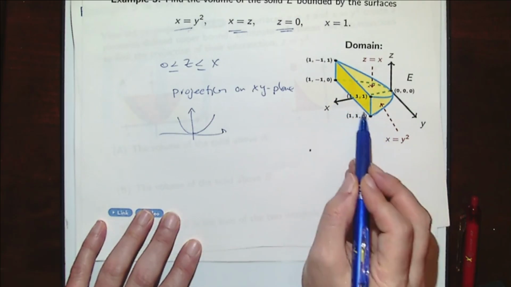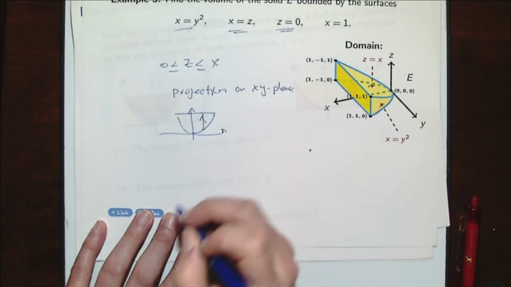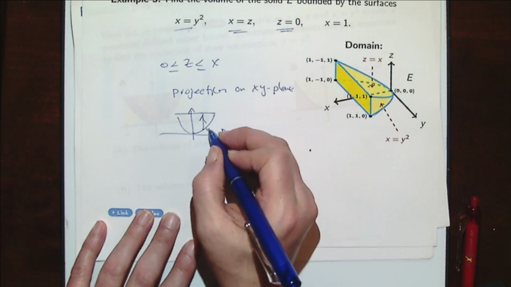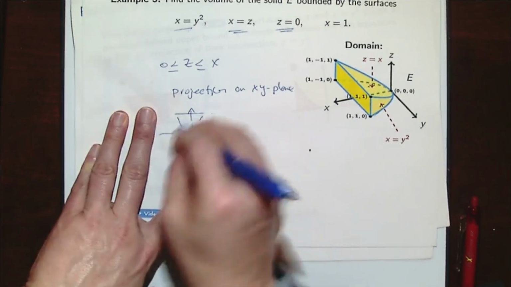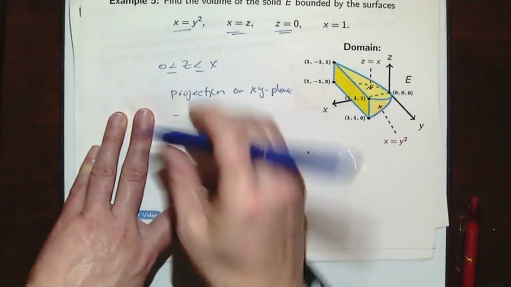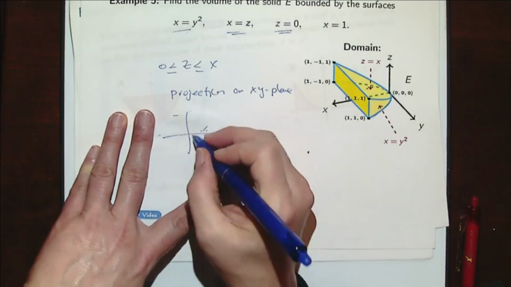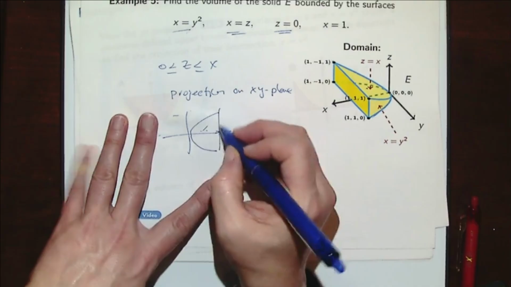And then I have here x equal to 1. Guys, you can yell at me because I wrote the x and y in the wrong direction. It's x equal to y squared. So it looks like this, and then x equal to 1.